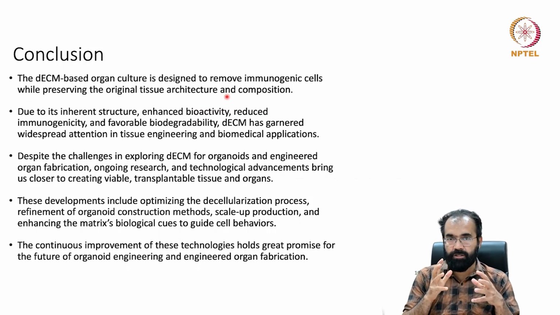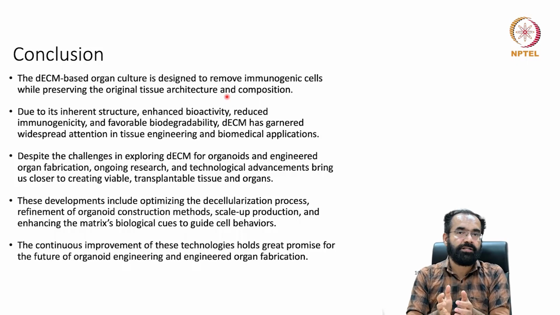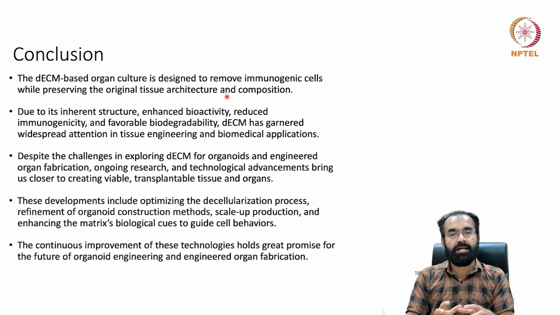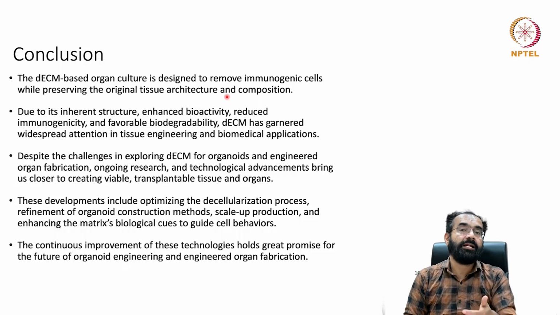Means like you are harvesting something from the farm, say wheat or rice, you are harvesting the whole plant, but then you are getting rid of the hay, etc. You are making use of every beneficial thing, but you are getting rid of those parts which can be immunogenic or not so friendly for the recellularizing cellular components.